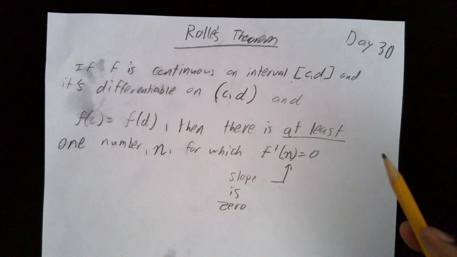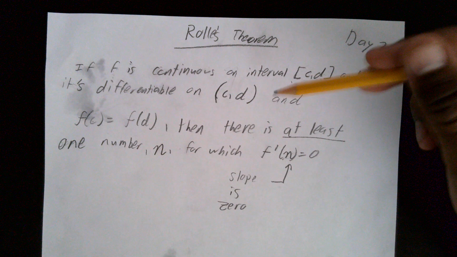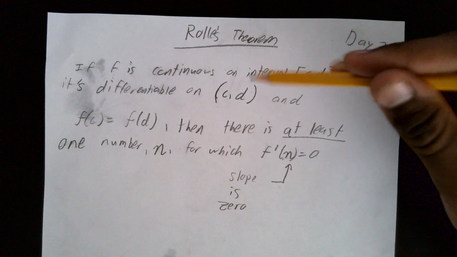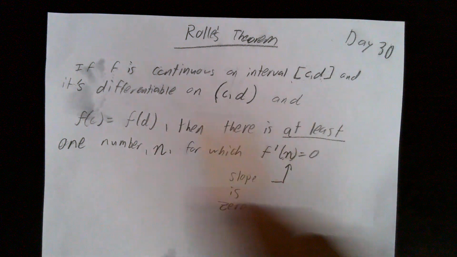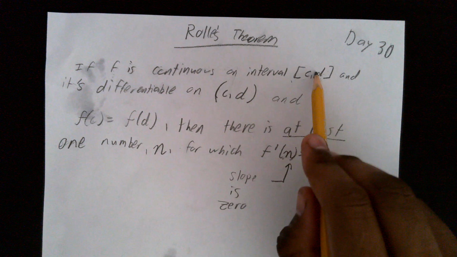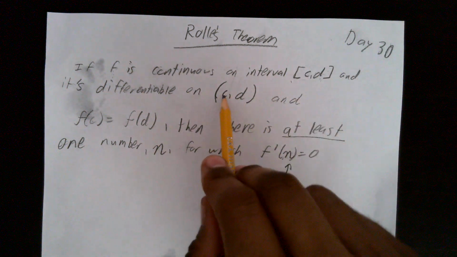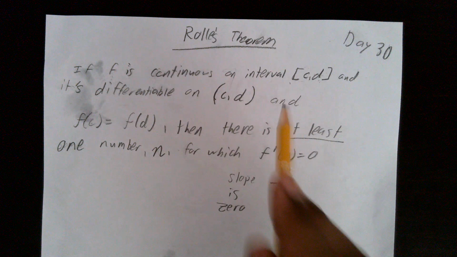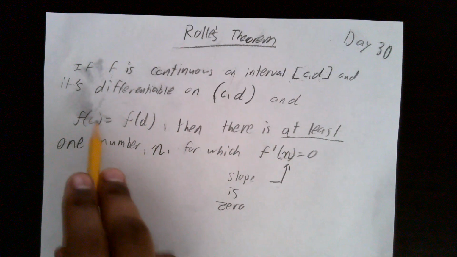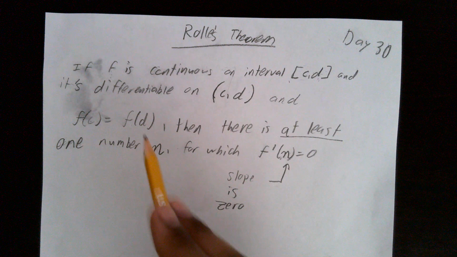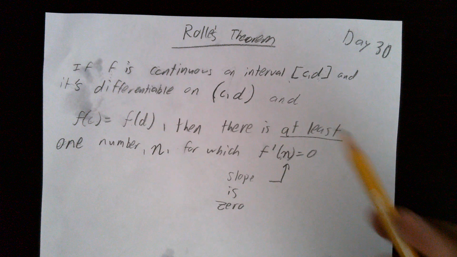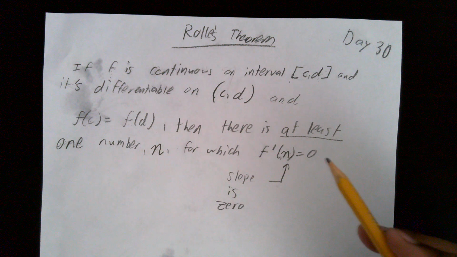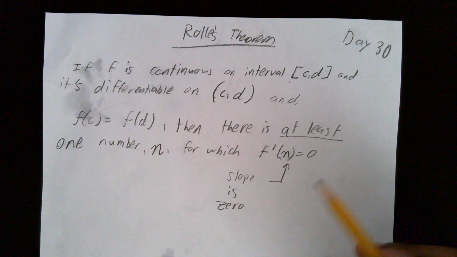So what this means is that if we've got these two x values c and d, and the function is continuous on this interval and differentiable on this interval over here, and assuming that f of c and f of d have the same y value, so they're at the same height, then there's got to be at least one point in between where we have a slope of 0.